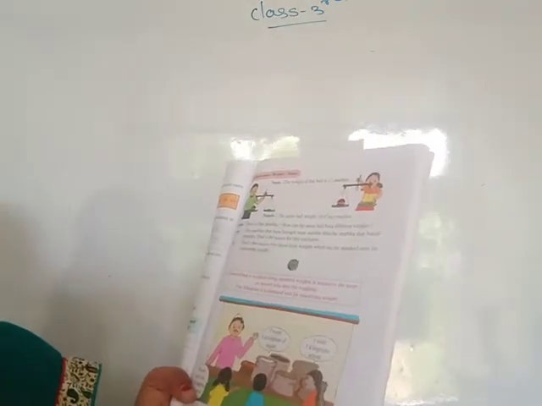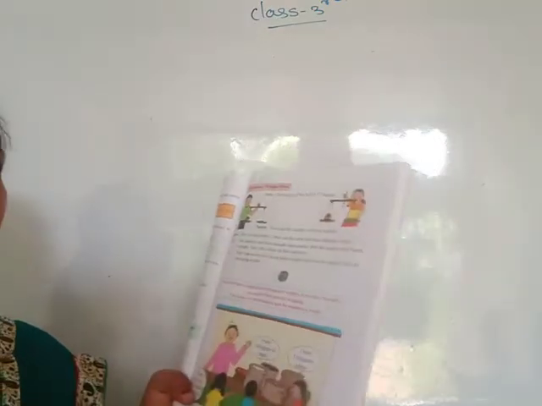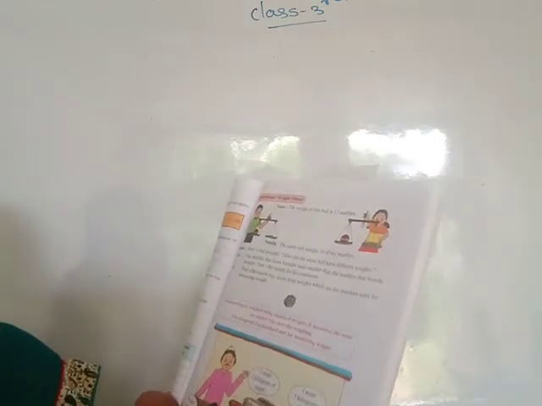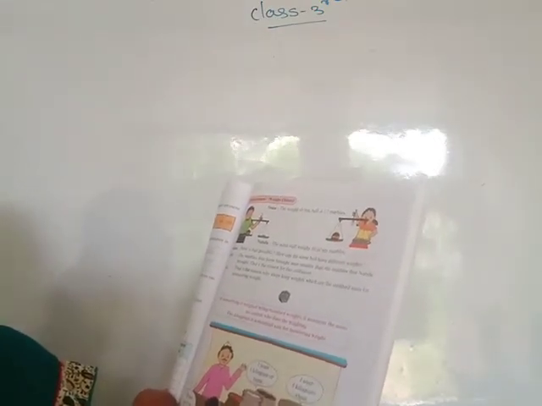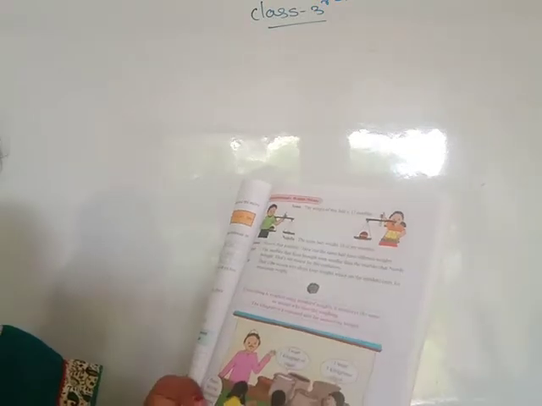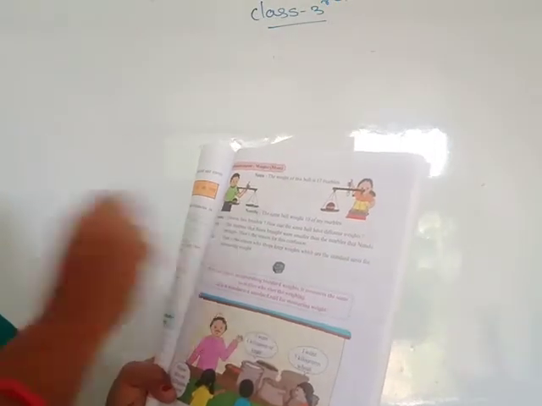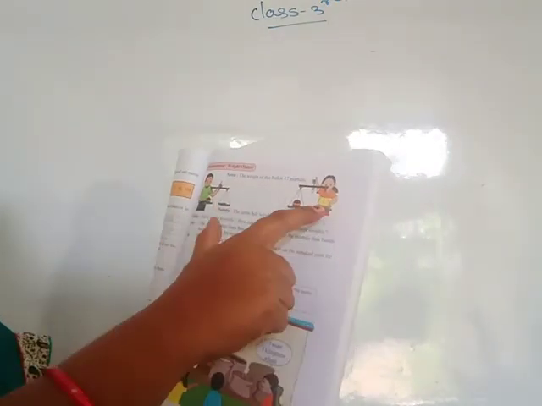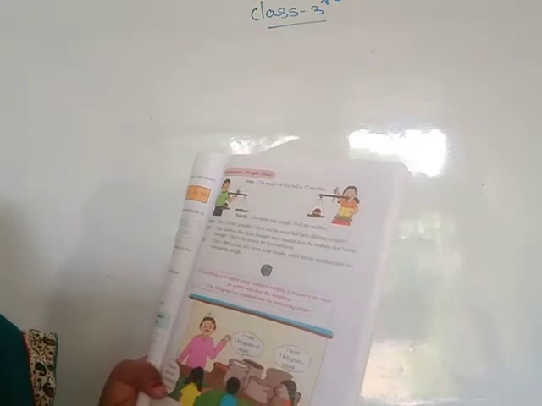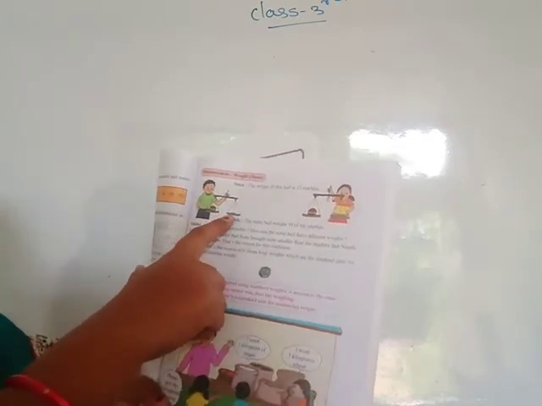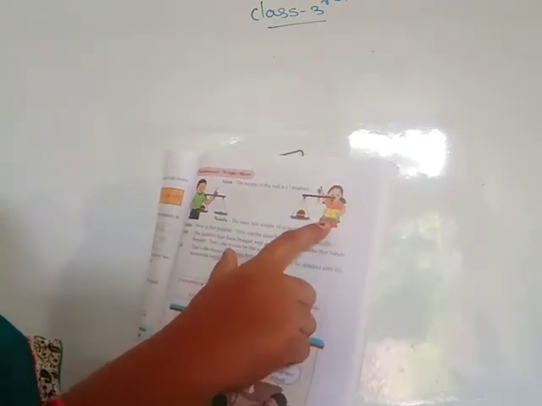Sonu's ball weighs 17 marbles, and Nandu's ball, which is the same ball, weighs 10 marbles, because these marbles are bigger than those marbles.